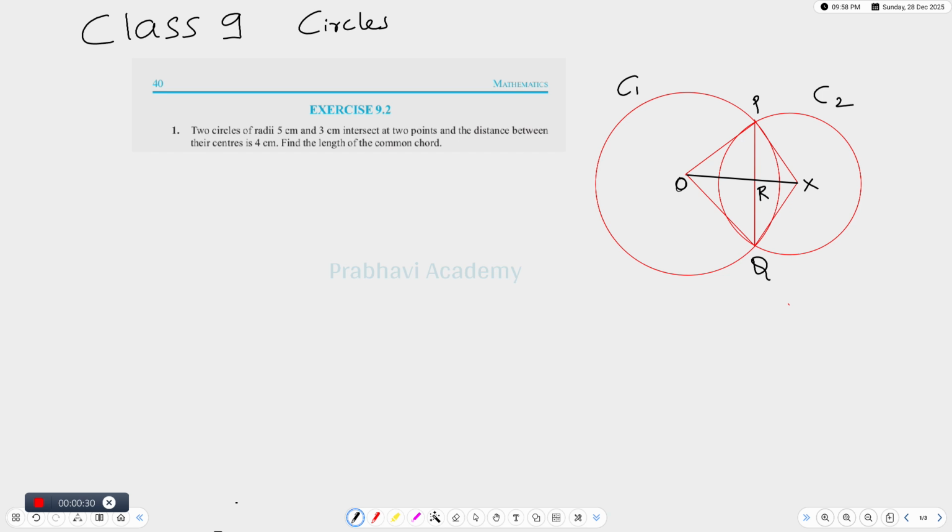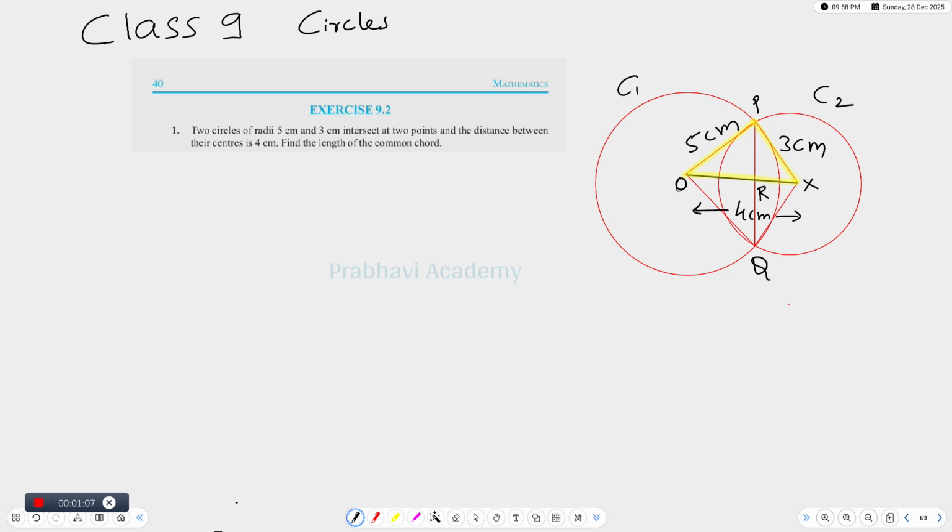So here there are two circles, circle 1 and circle 2, C1 and C2 I call, and circle 1 is having the radius 5 centimeter and circle 2 is having the radius 3 centimeter and the distance between their centers is given, it is 4 centimeter.